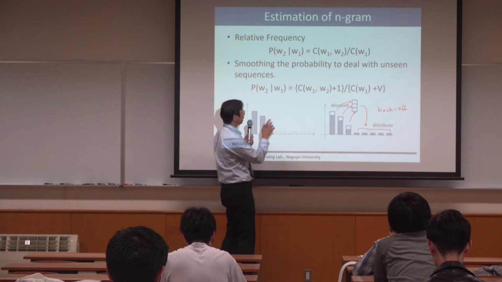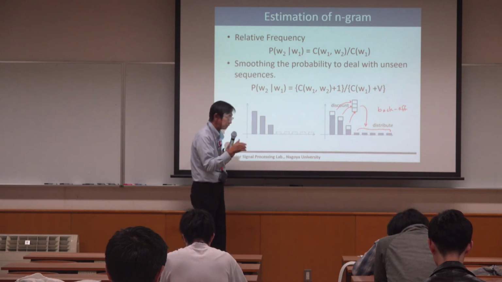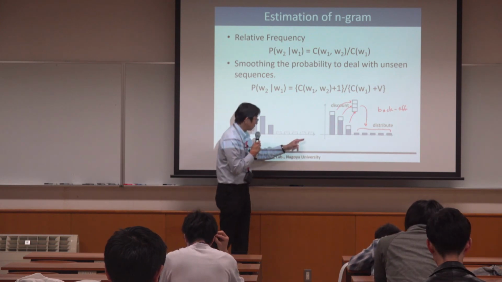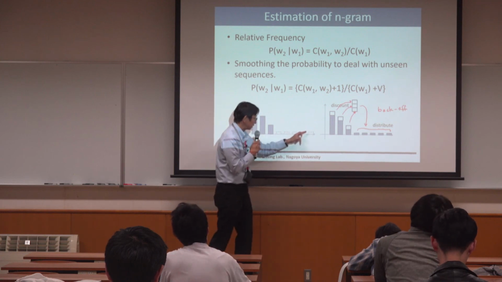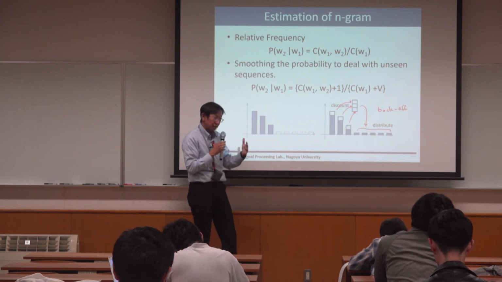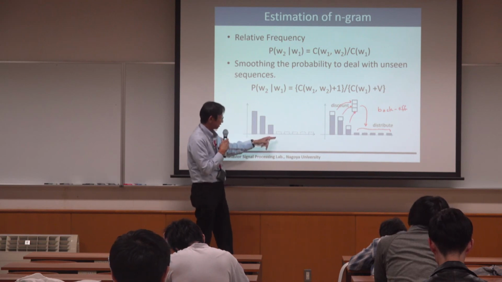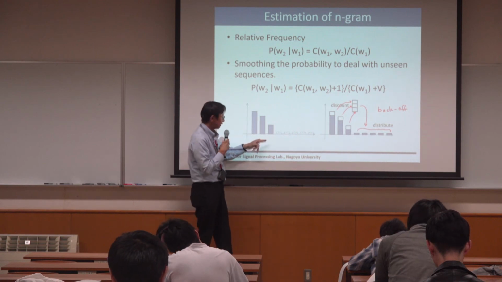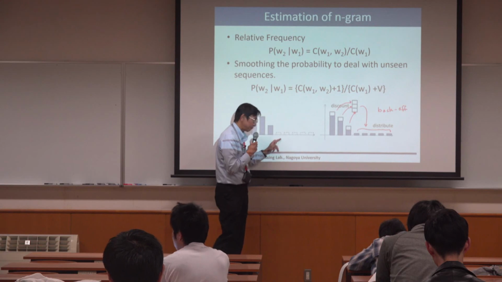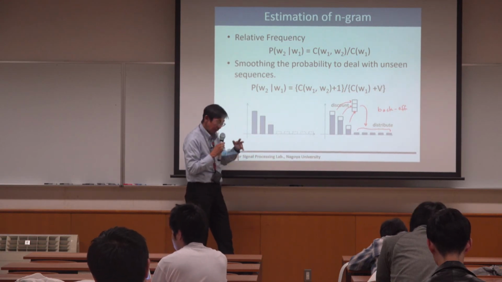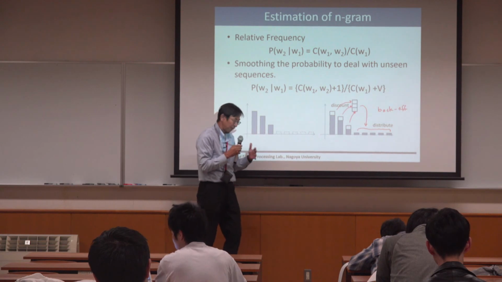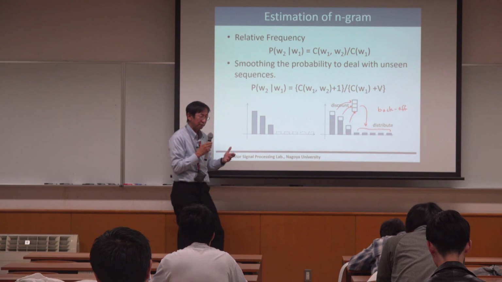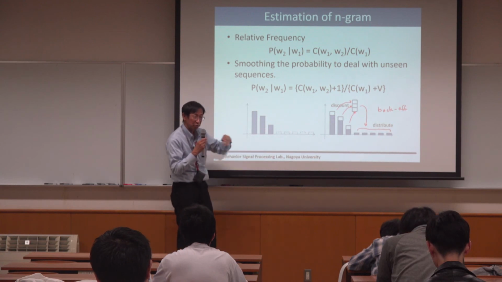Therefore, if you estimate the probability based on the occurrence, then even a case that you never saw in the limited text or database would be estimated as 0. Never happens. But that is not the case. Because it never happened in the training database doesn't mean that it never happens. It happens, but the database is not appropriate or too small.